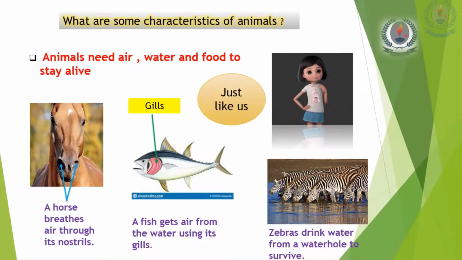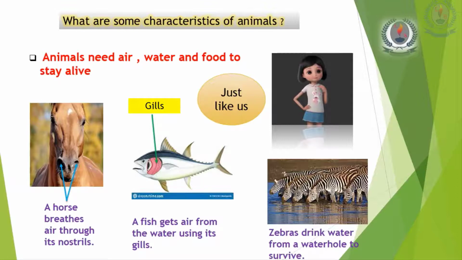Tell me, children, what are the things animals need to stay alive? Yes, they need air, water and food to stay alive. Human beings also need air, water and food to stay alive.